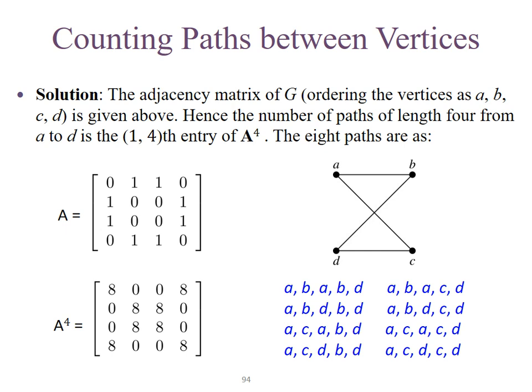Actually, we can list all these paths from A to B, for example A, B, A, B, B. So A, B, A, B, B is a path of length 4. Remember, this is not a simple path, so we can repeat or travel A, B, A, B, B to make paths of length 4.